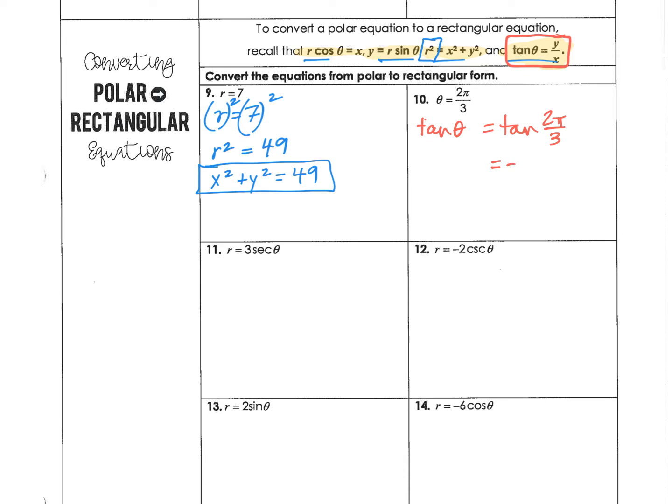Okay, so this is negative root 3, and I can sub in now for tangent theta. What am I going to sub in for tangent theta? y over x. And since this is the equation of a line, I can go ahead and move this over, can't I? And say y equals negative root 3 times x. And sure enough, that's the equation of a line, isn't it?